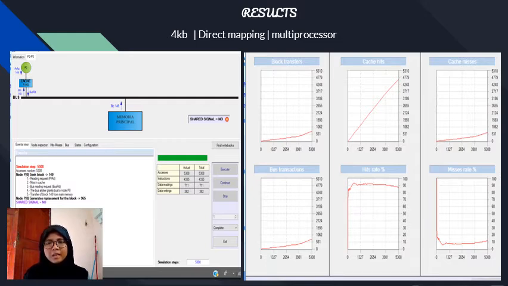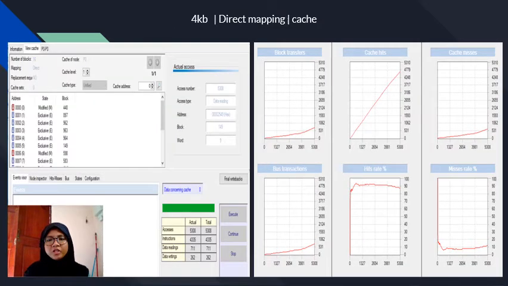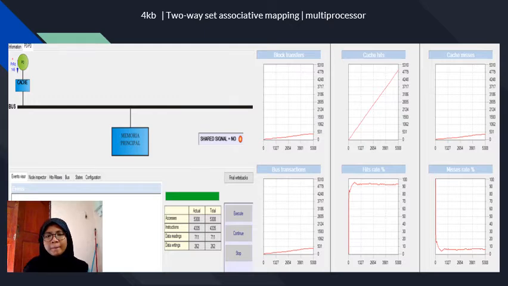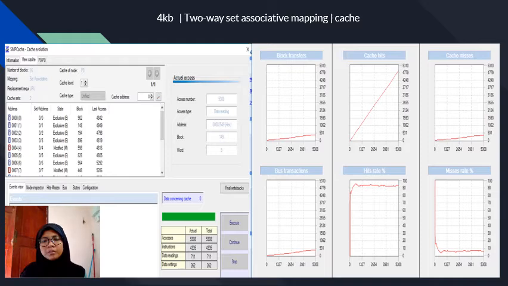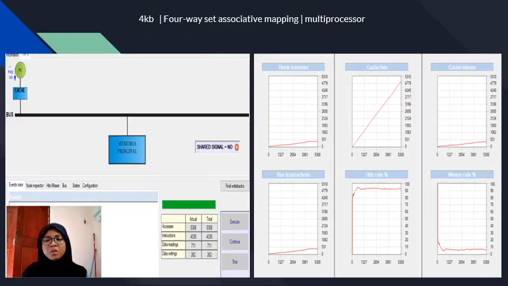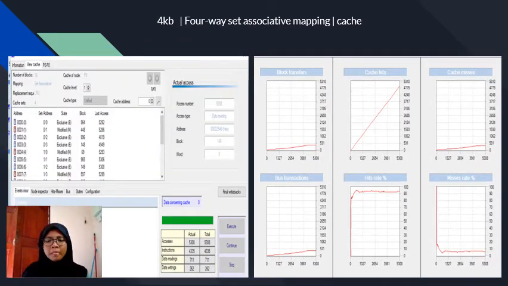If you can see, the graph decreases as the set associative mapping increases, and based on multiprocessor and cache we can see the graph decreases. The graph of miss rate decreases.